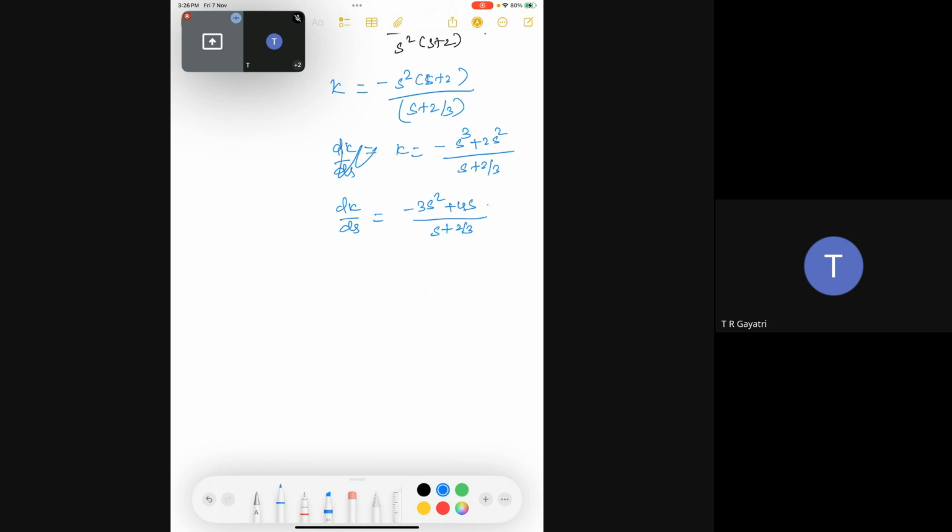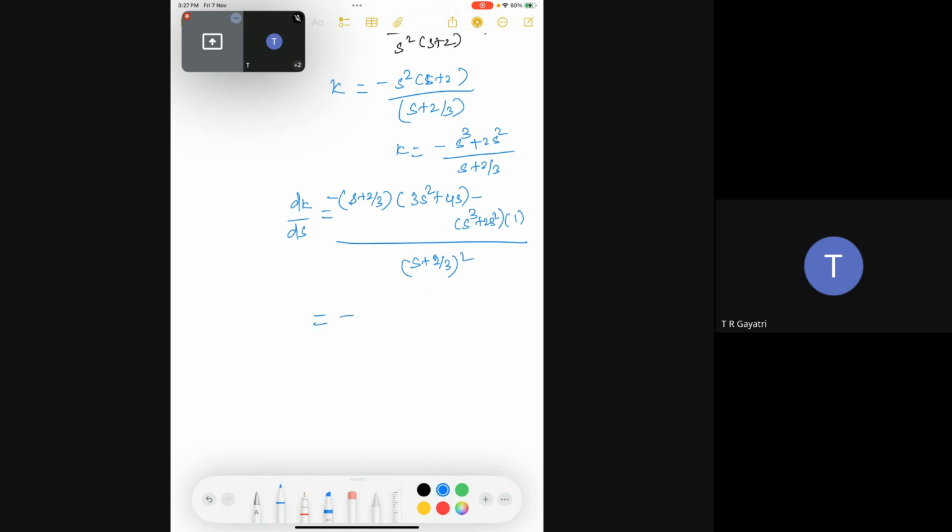So, while differentiating, this should be considered as a U by V. So it will be (s plus 2 by 3) into (minus 3s square plus 4s) minus (s cube plus 2s square) into 1, divided by (s plus 2 by 3) the whole square.